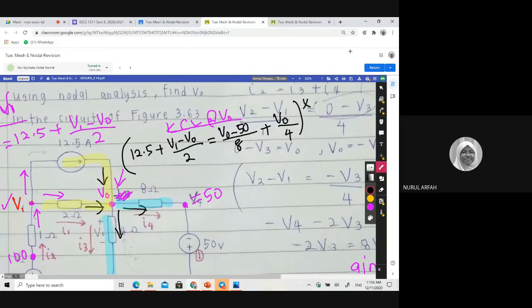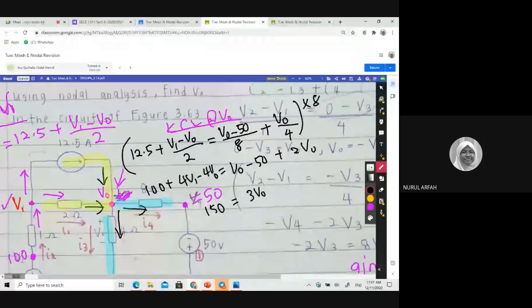And then you multiply this side with maybe 8. And what is 12.5 into 8? Can someone find for me? 100. Yes, 100. Okay. 100 plus 50, you have 150 equal to 3 V naught plus 4 V naught, so this is 7 V naught minus 4 V1, right?